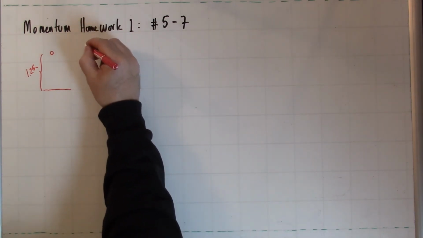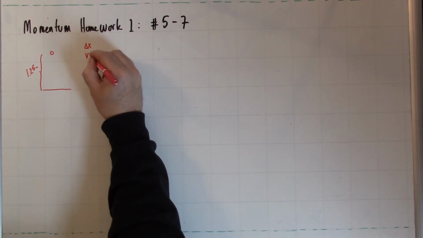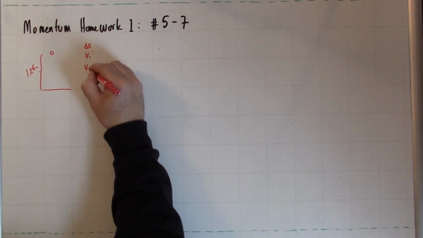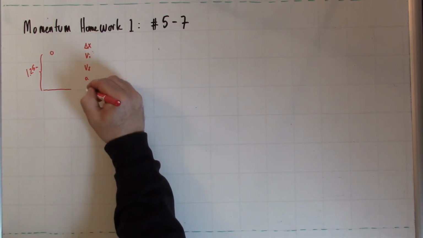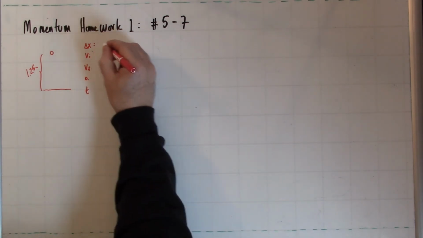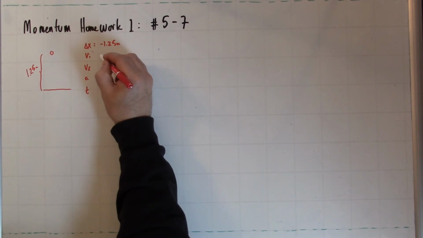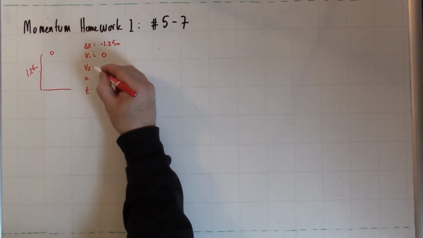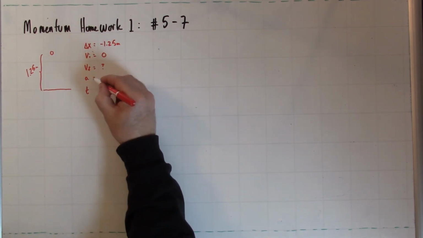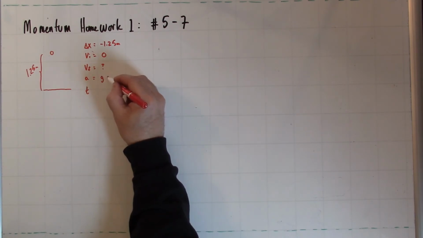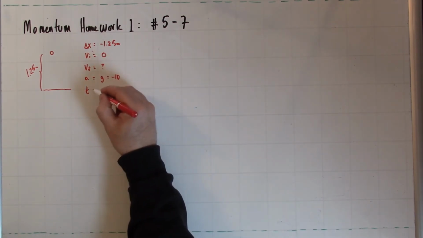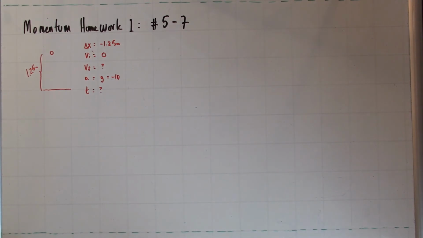So if you want to know how far it fell, initial velocity, final velocity, acceleration and time: how far it fell is negative 1.25 meters. You dropped it, so the initial velocity is 0 meters per second. You don't know the final velocity. You know the acceleration is our g value, which is negative 10, and the time is one of the two things you're solving for.